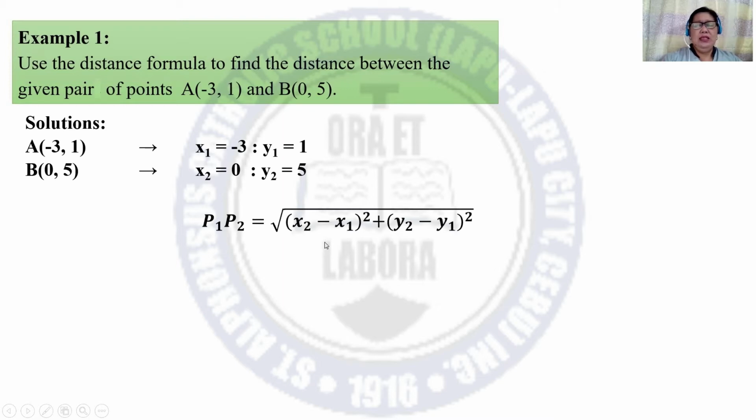So using the distance formula, all we have to do is substitute. Since the first point is A and the second point is B, let us use segment AB.